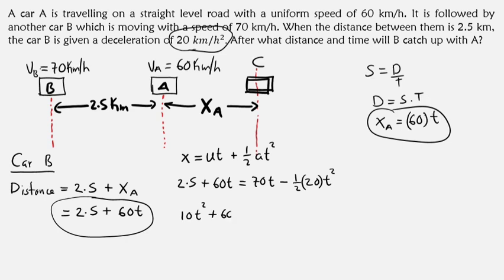We have the 60t, minus the 70t, plus the 2.5, all equal to 0. So 10t squared minus 10t plus 2.5 equals 0. Now this is just a quadratic, so let's quickly solve it.